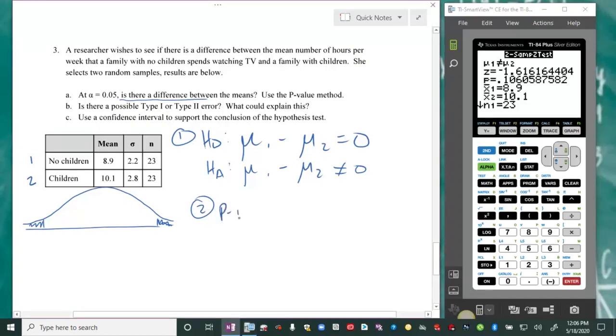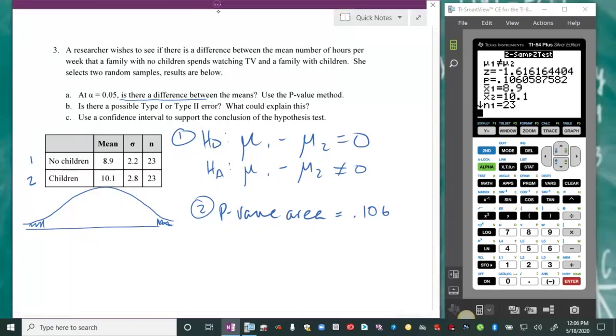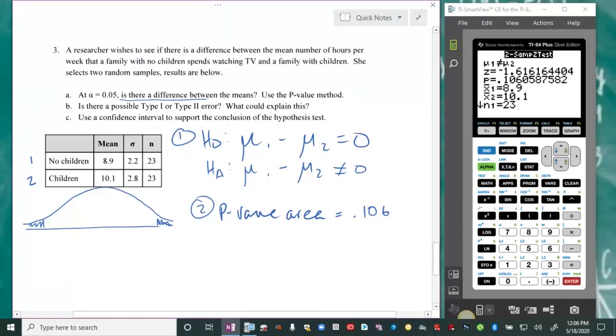So step number 2, we're looking for that p-value. So that p-value area is 0.106. We had 0.05 split between those two areas. So if I split my p-value area of 0.106, it's bigger than 0.05. So on both ends here, the p-value areas are doubled for these tests.